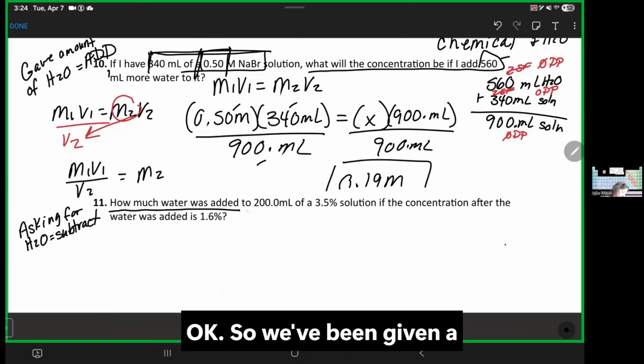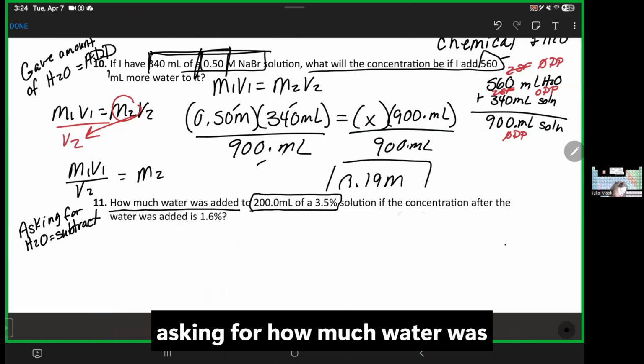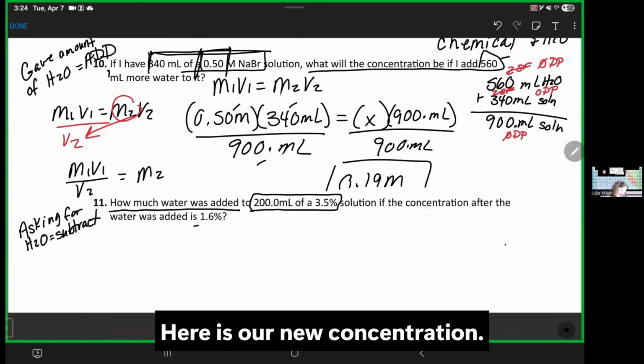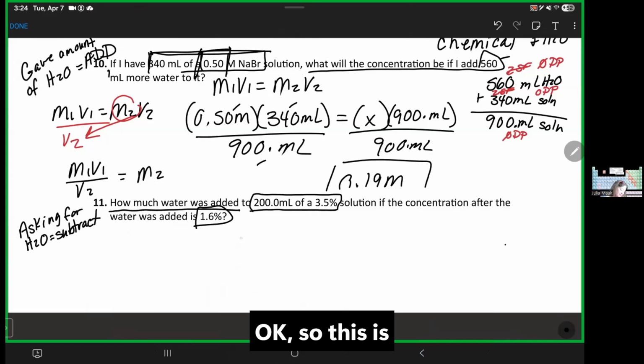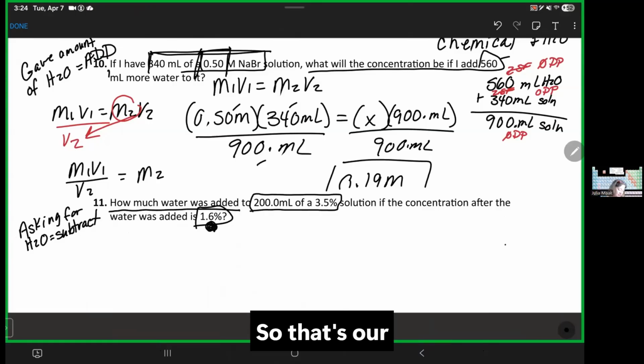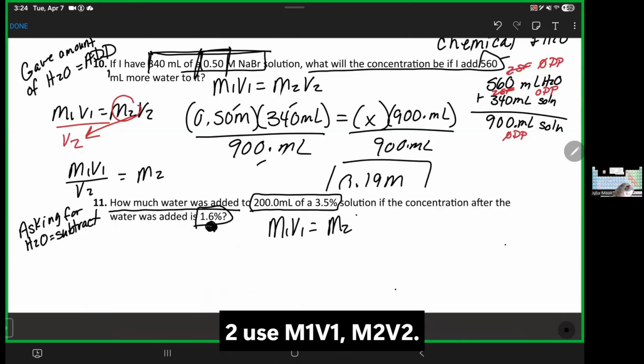Okay, so we've been given a volume and a concentration, and it's asking for how much water was added. After the water was added, here is our new concentration. Okay, so this is our lower concentration here. So that's our M2 or C2, concentration 2. Use M1V1, M2V2.